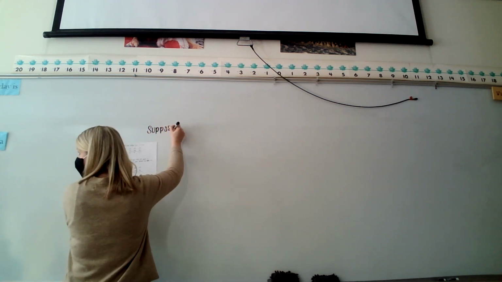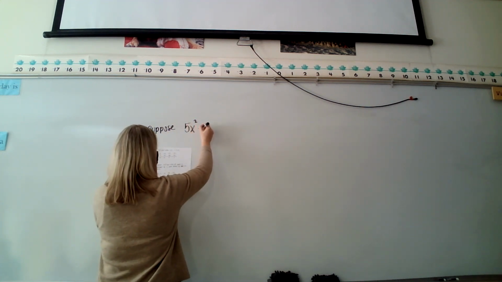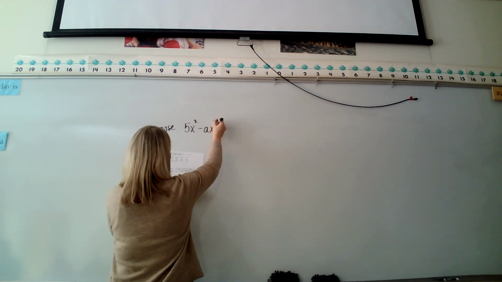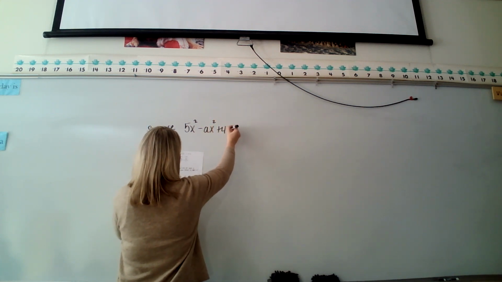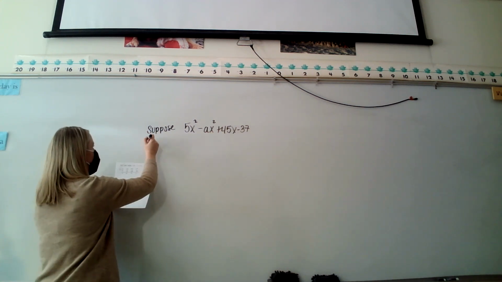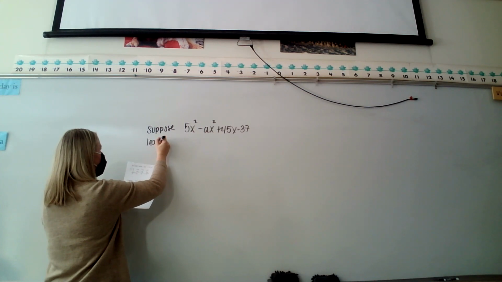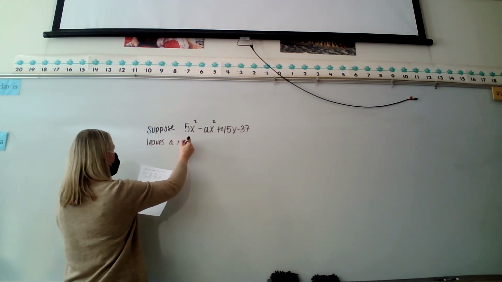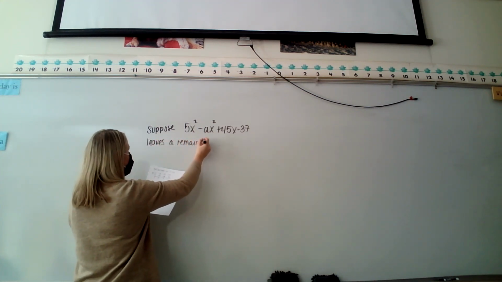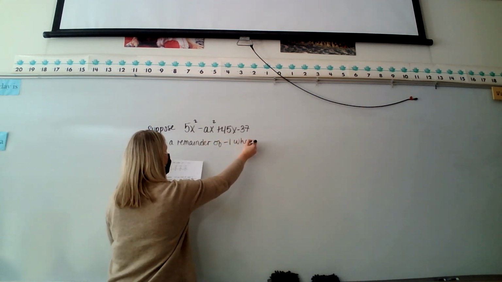Suppose we have this polynomial 5x cubed minus ax squared plus 45x minus 37, and it leaves a remainder of -1 when divided by x minus 4. Find a.